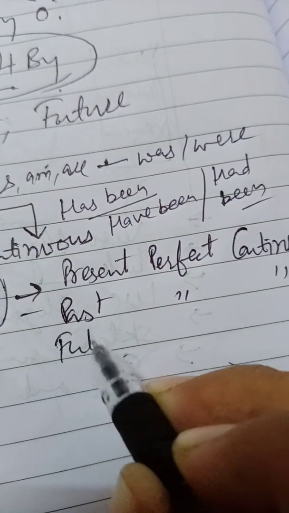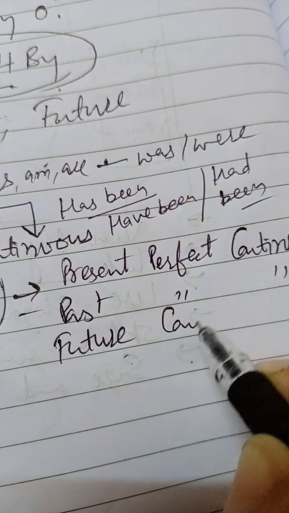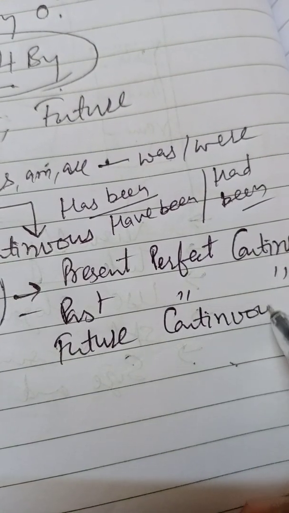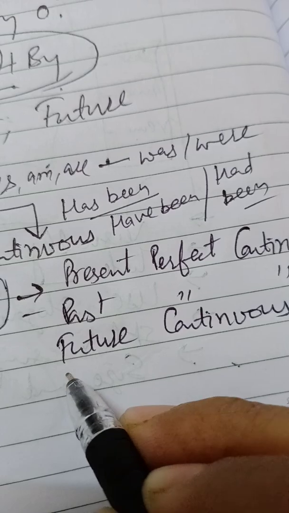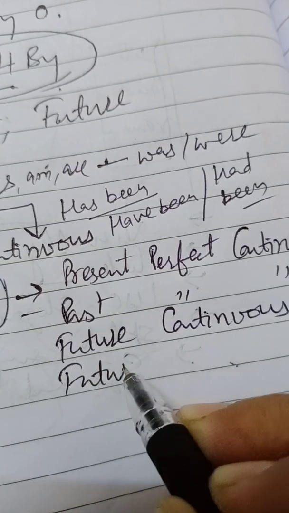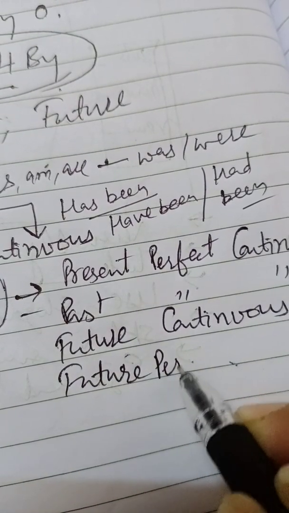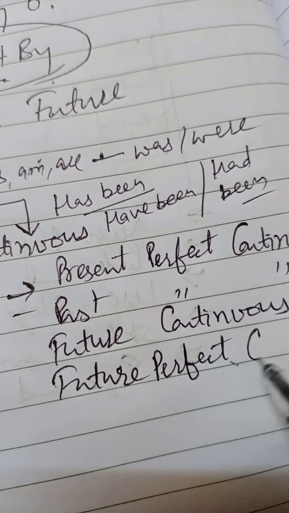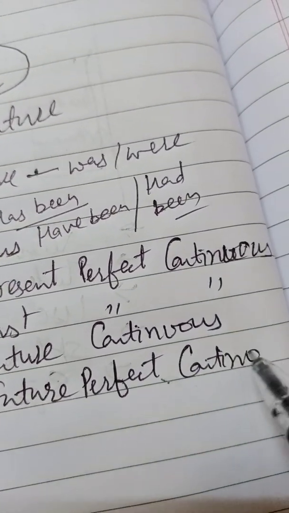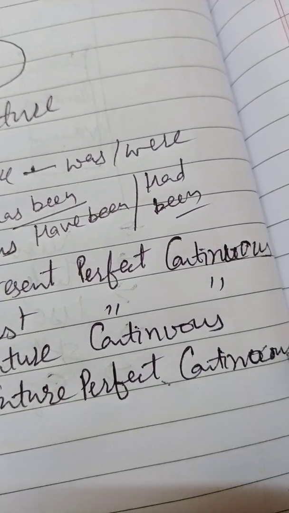Third is future continuous, and fourth is future perfect continuous.